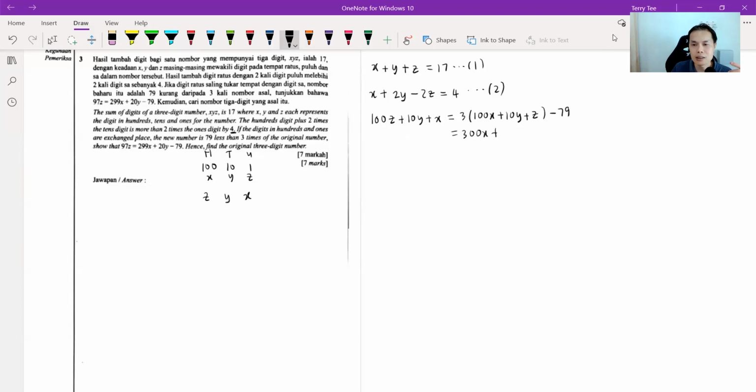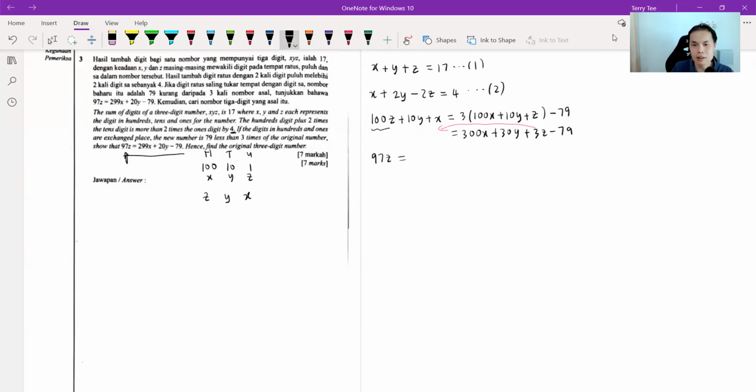This is 300x plus 30y plus 3z minus 79. Now, look at this. I'm supposed to show this, and I'm supposed to start with z. Z must come first, right? So there's 100z here. I bring that 3 to the left. 100 minus 3, I get 97z.